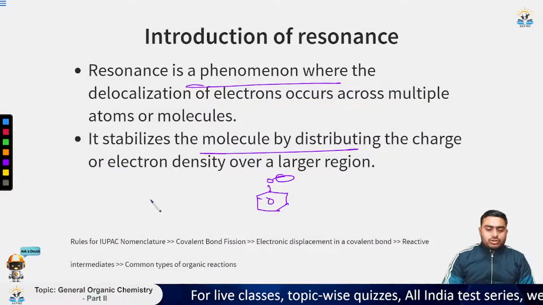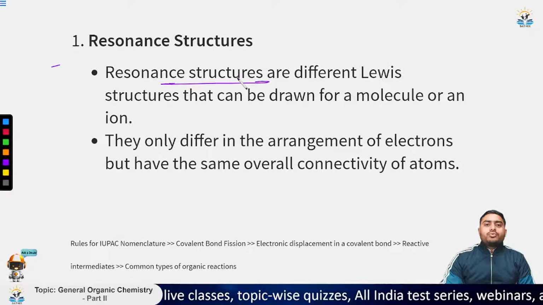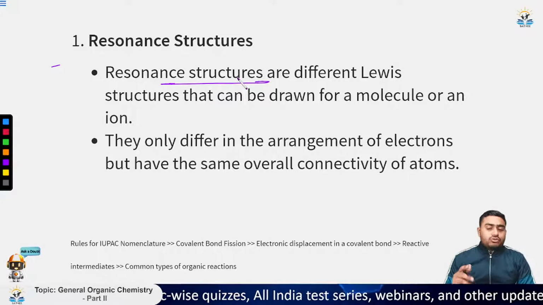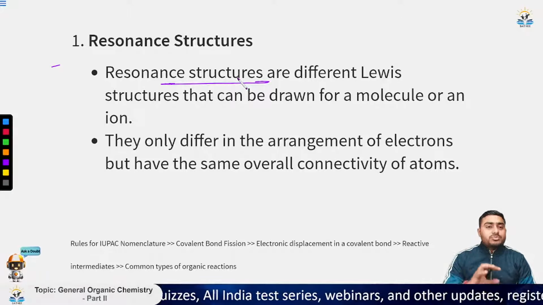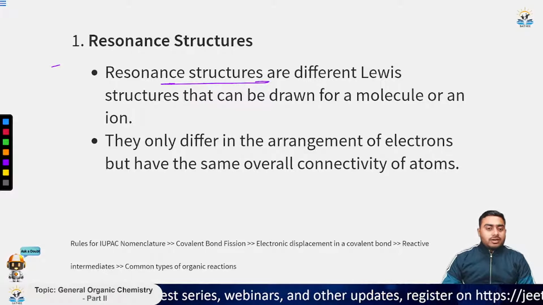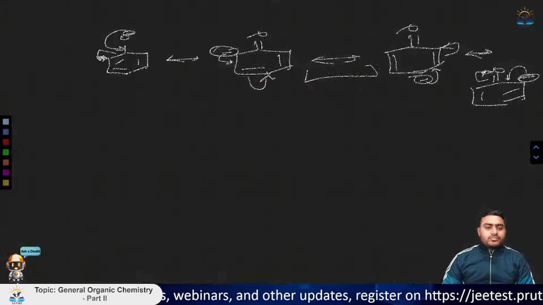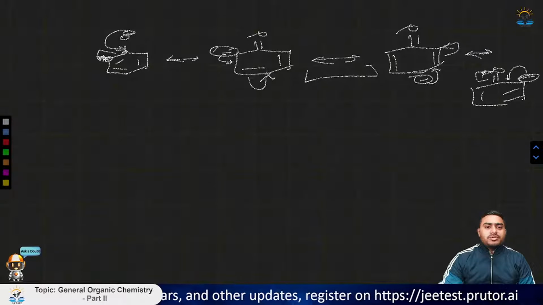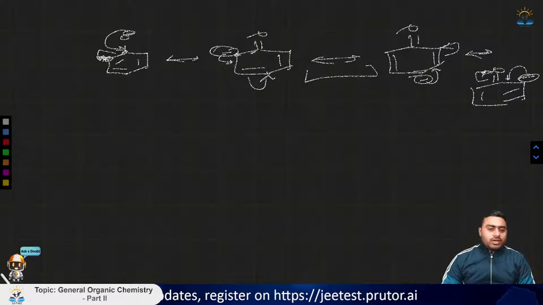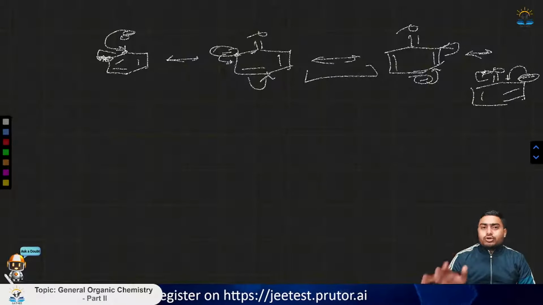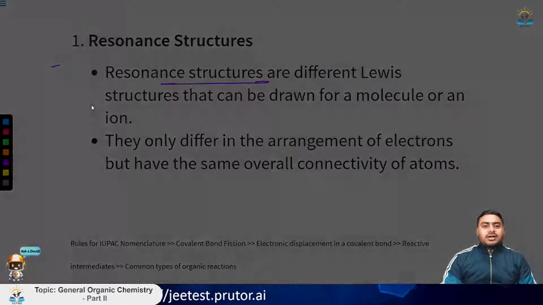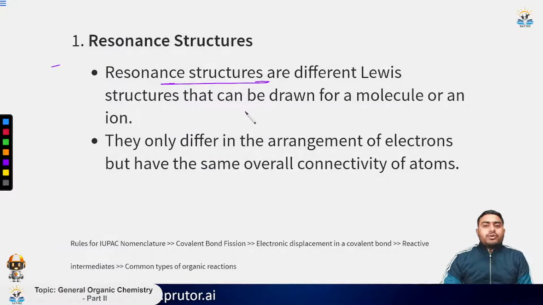Next, resonating structures are different Lewis structures that can be drawn for a molecule or an ion.